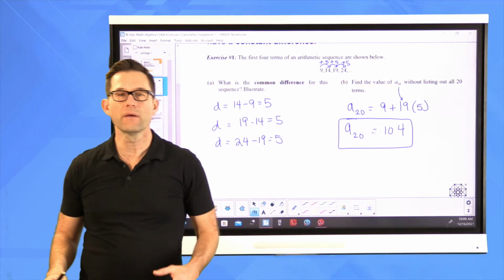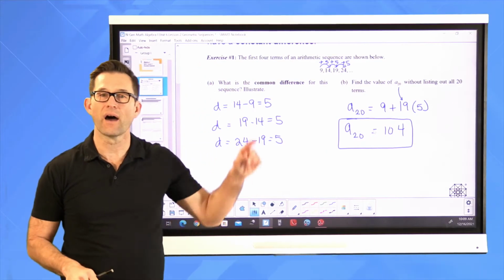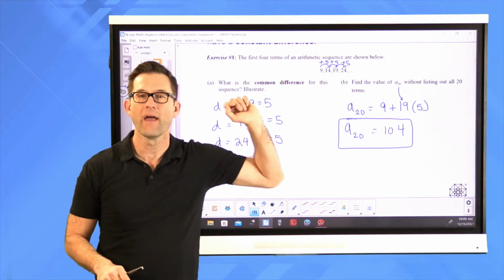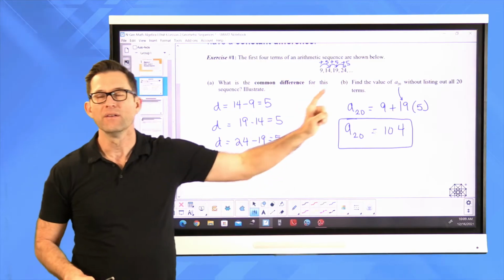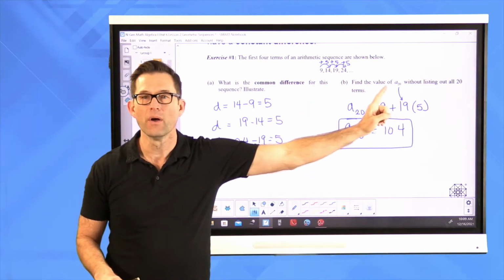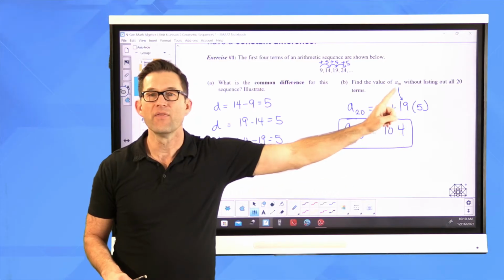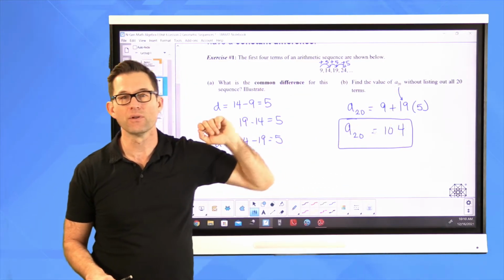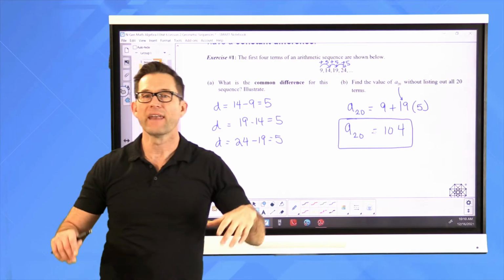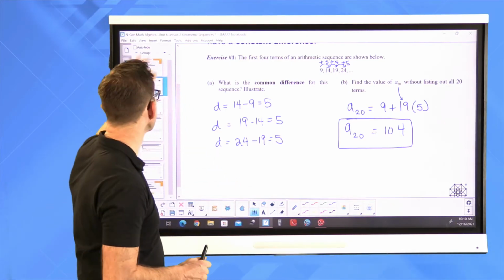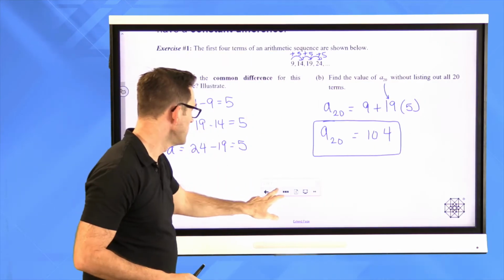Reviewing what an arithmetic sequence is, i.e. you add or subtract the same number each time to get to the next term, and really key, to get to a certain term, you always add that difference one less time than the number of terms you're looking at. So I had to add 5 19 times to get to that 20th term. All right. Let's head to the next slide.